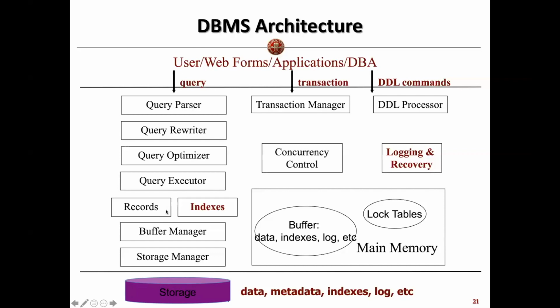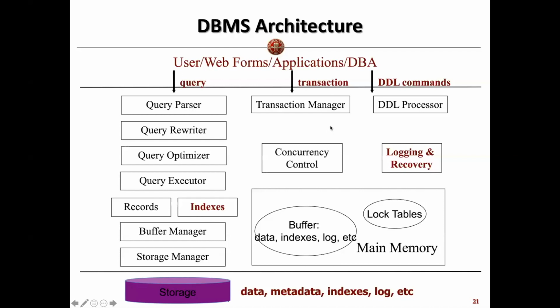Records denotes the data tuples we have in the tables, and index denotes some data structures we maintain in the system to help us speed up the execution process. We'll cover both of them later in the course. Then we have a buffer manager and a storage manager that interact with the storage space for us when executing the queries.